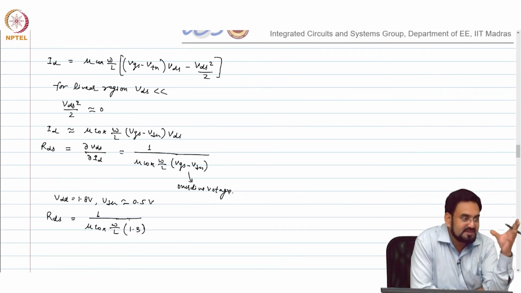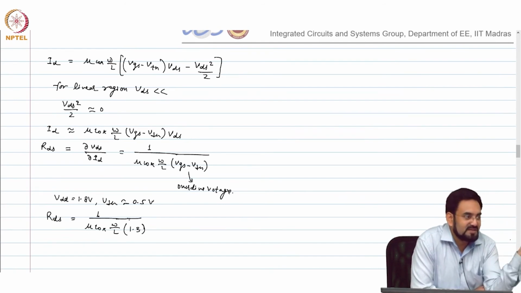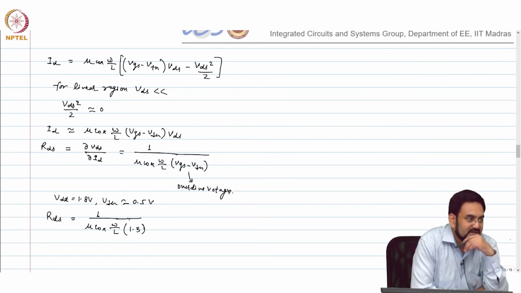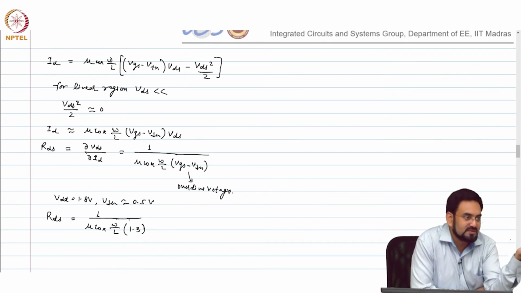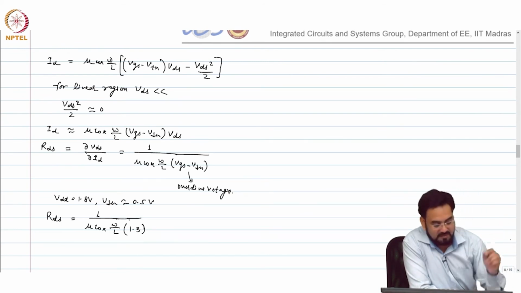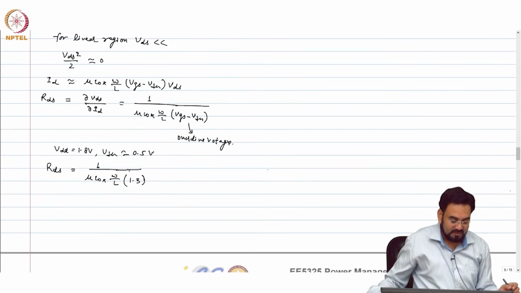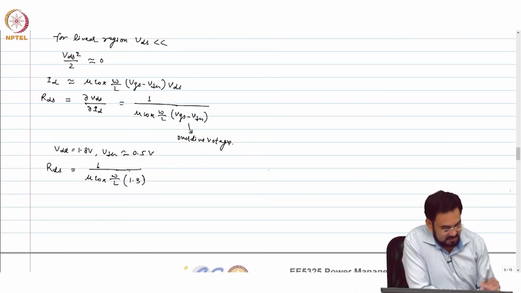Okay, but these devices are symmetric actually. It does not matter which side you are considering source or drain. It only depends on the potential you are applying. These standard CMOS devices, they are symmetric. You can make any of the sides a source or drain. It does not matter.